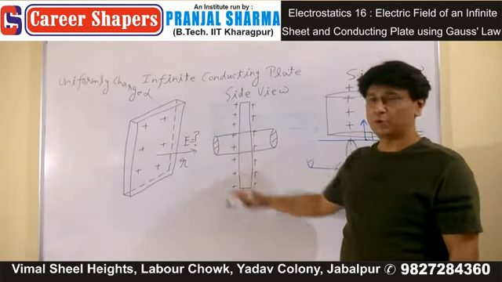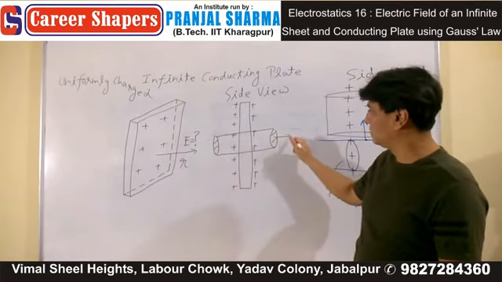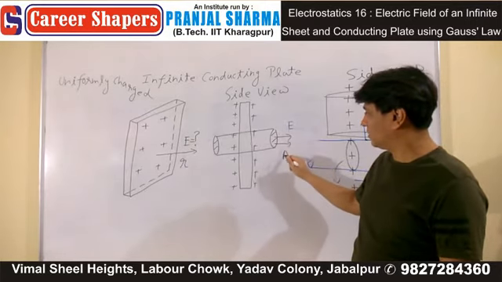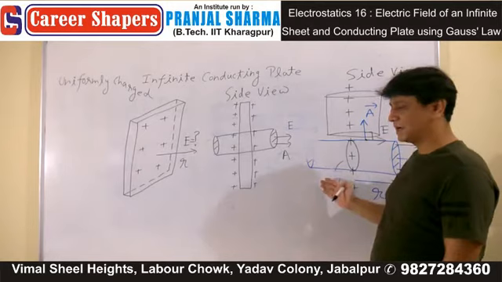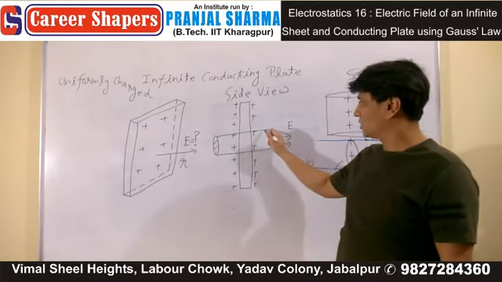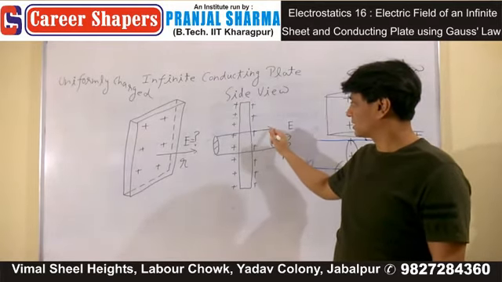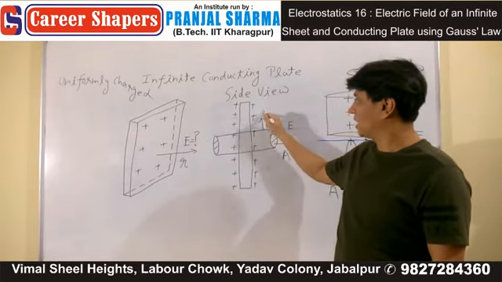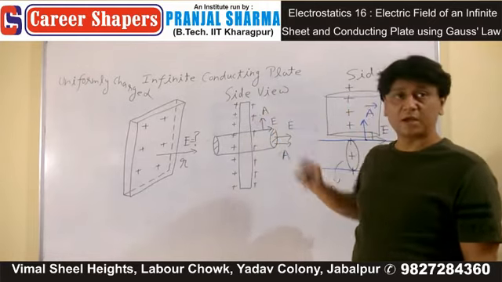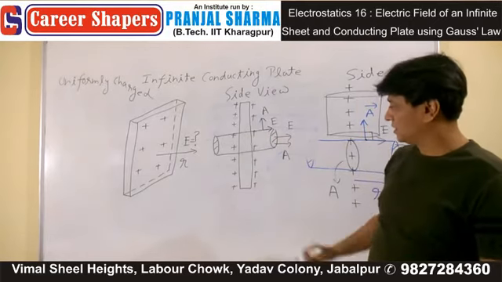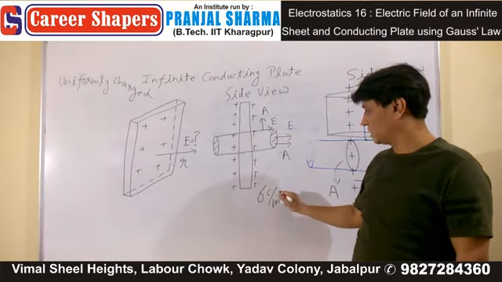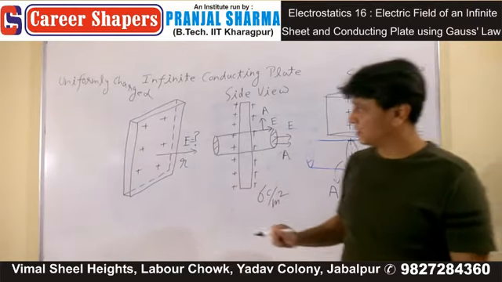For these flat portions, your electric field and your area vector are in the same direction, exactly like this. For the curved portion, electric field and area vector are making an angle of 90 degrees. Charge is sigma coulombs per meter square.